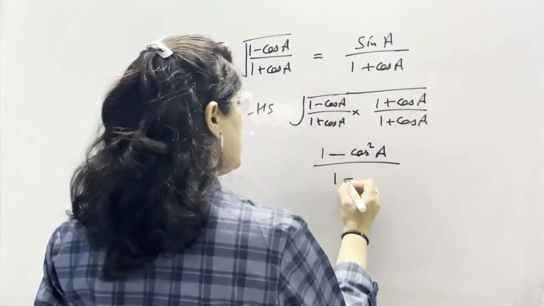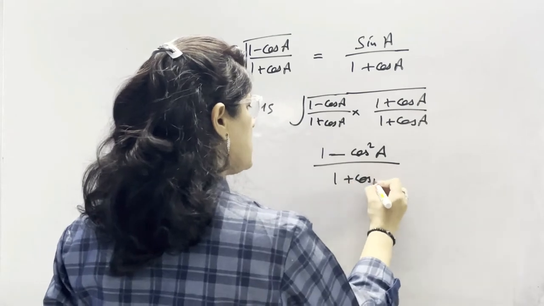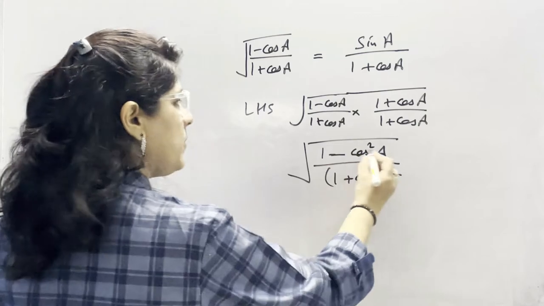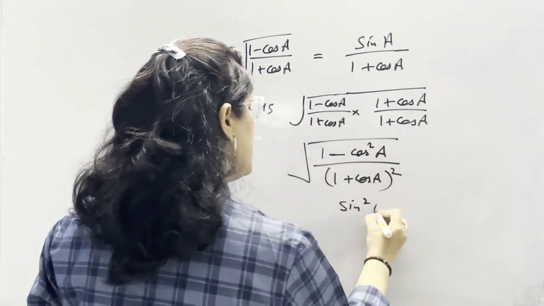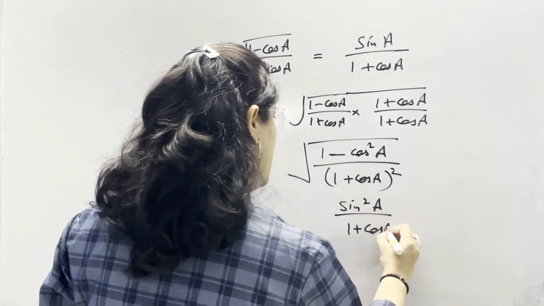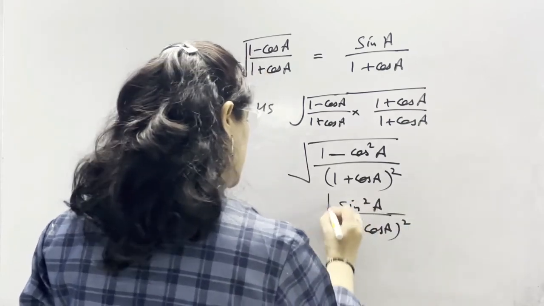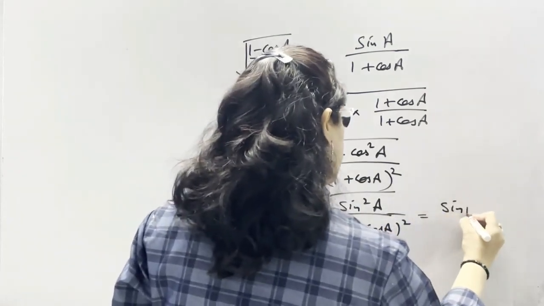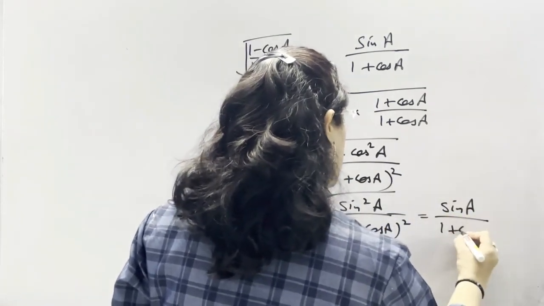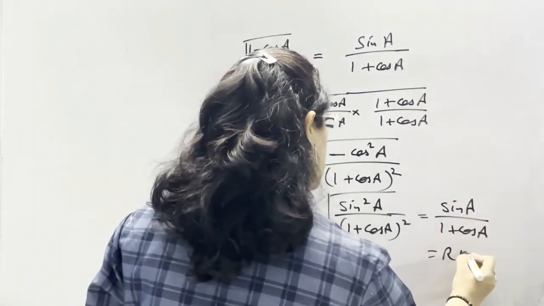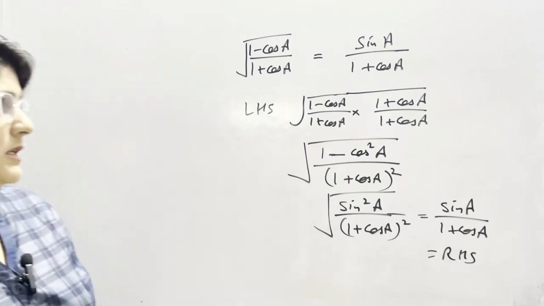And in the denominator, 1 plus cos A, 1 plus cos A, it means (1 plus cos A) square under the root. Now 1 minus cos square A is equal to sin square A, and (1 plus cos A) whole square under the root. Now under root and square both will cancel, then sin A upon 1 plus cos A is our right hand side. So LHS is equal to RHS.